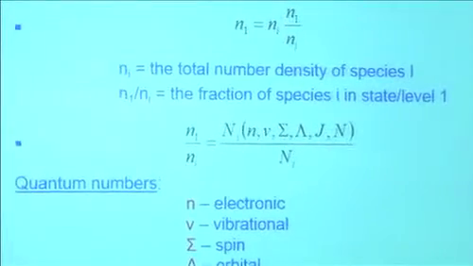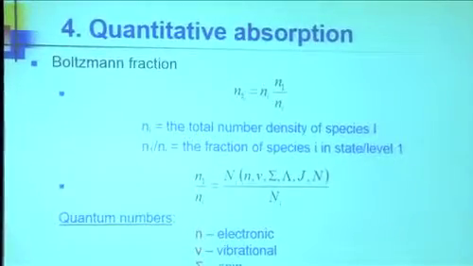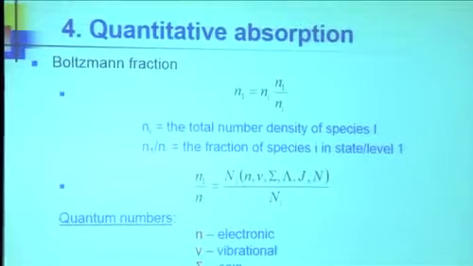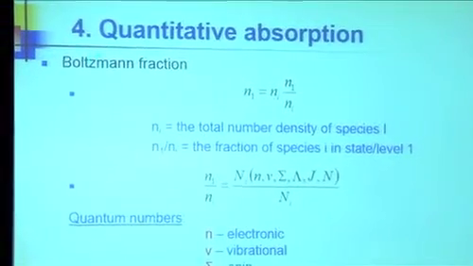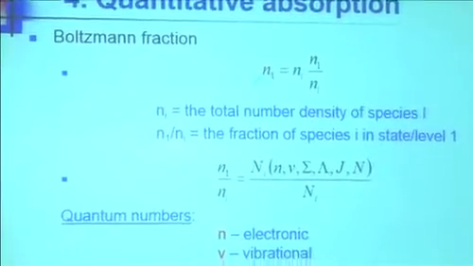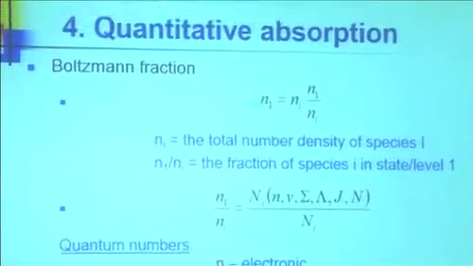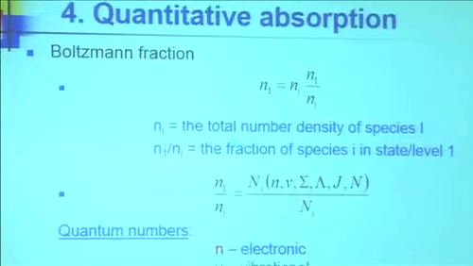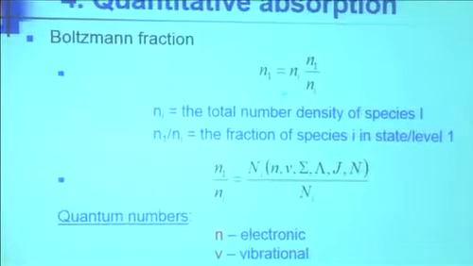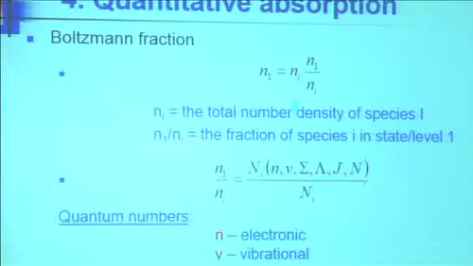Those are the two things that we have to deal with. Let's look at the Boltzmann fraction and see if I can scare you. I think this is almost the last slide. Here's the Boltzmann fraction. The number in level 1 can be thought of as the total number of I times the fraction of I that's in level 1. So this is the total number density of the species, and this is the fraction in that level.